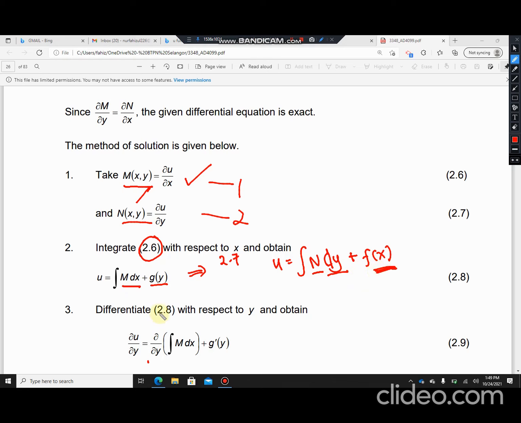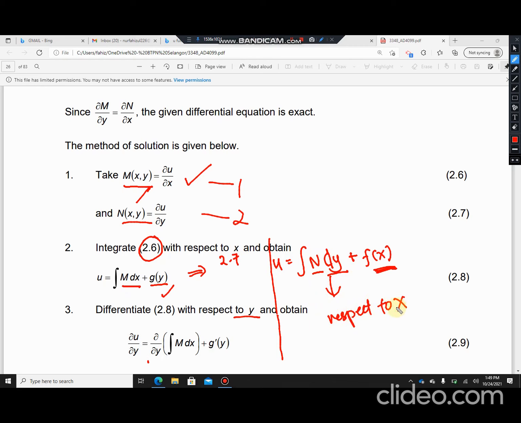Sama juga kat sini. Bila awak dah guna 2.6 yang ni, awak akan differentiate 2.8 with respect to y. Kalau awak ambil yang ni, 2.7, dia akan dapat yang ni and then awak akan differentiate respect to x.